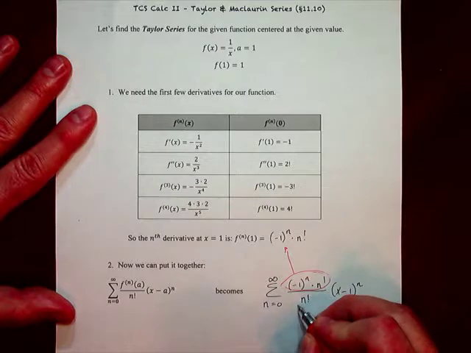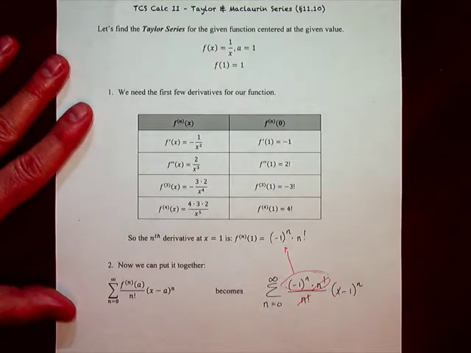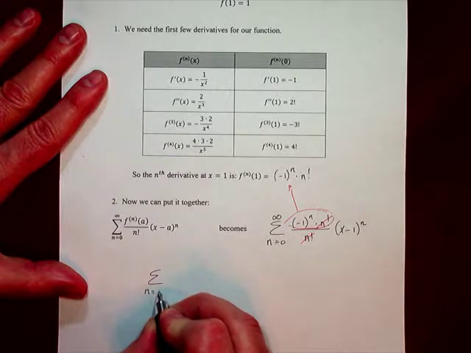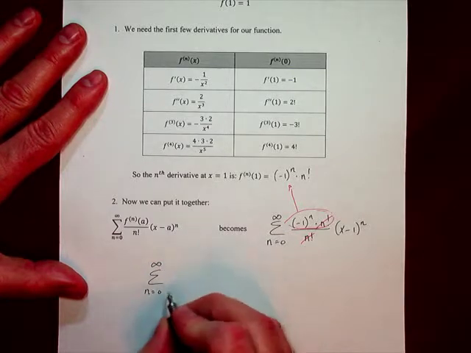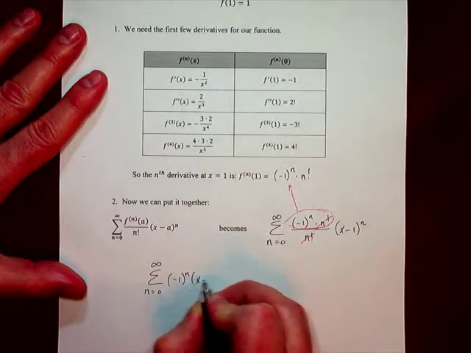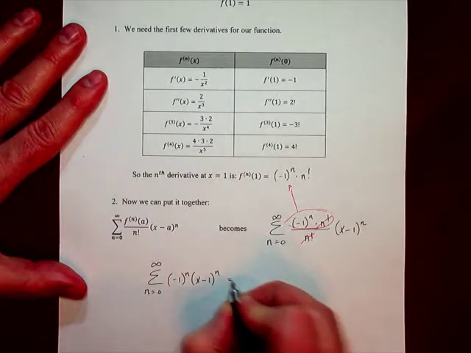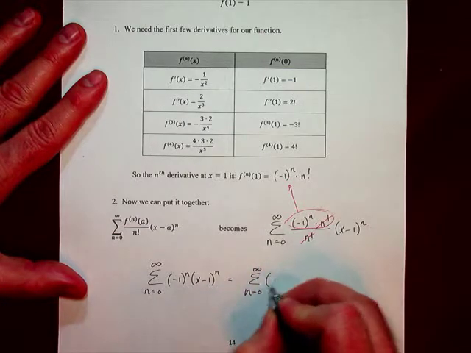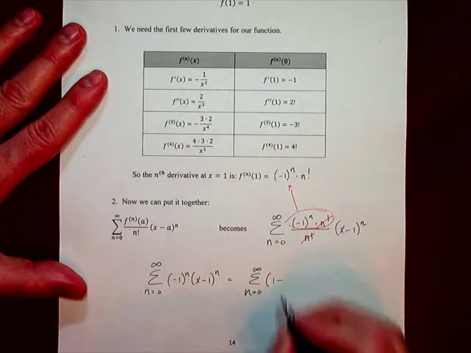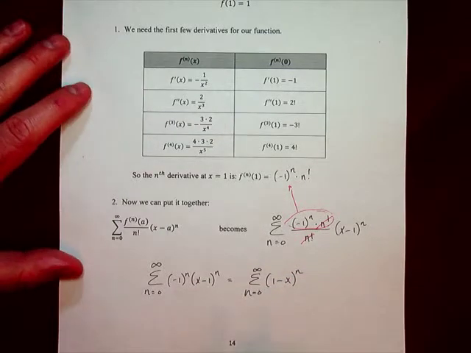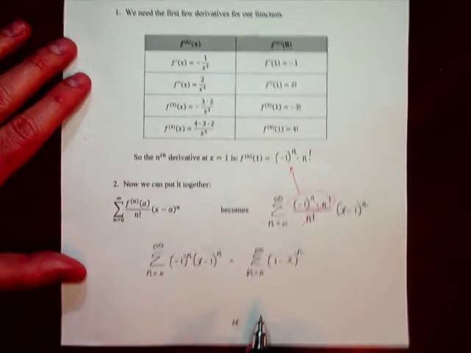But notice that that causes both of those factorials to cancel out, and therefore what we have here is negative 1 to the n times x minus 1 to the n. Well, those can be combined if you wanted to, and since they're both raised to the same power, that can be 1 minus x to the n. And that actually winds up being the Taylor series.